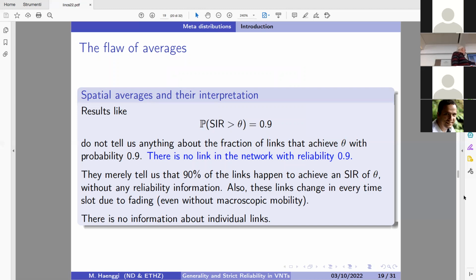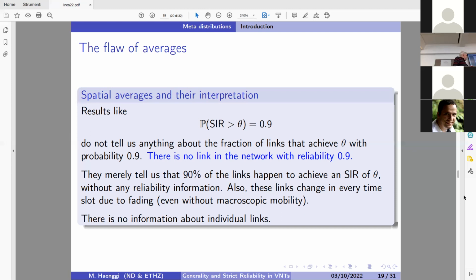For example, it doesn't tell us what fraction of links achieve theta with probability 0.9. There's no link in the network that has this reliability. The only notion of link to which this applies is the so-called typical link, but no link is typical in the network. That is an abstract notion corresponding to the average.